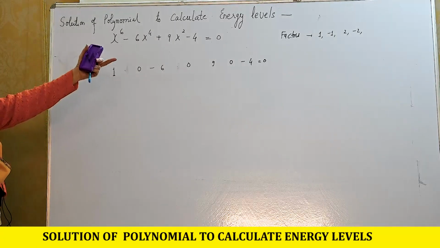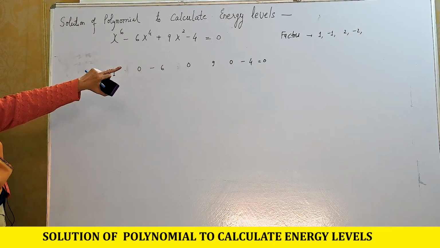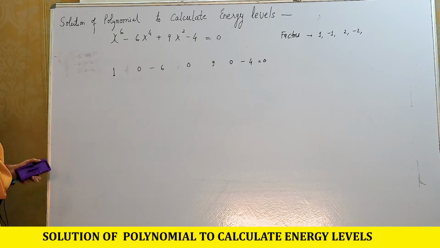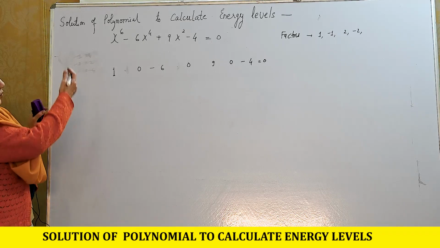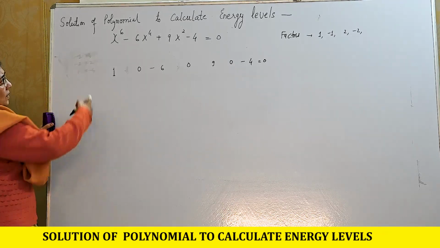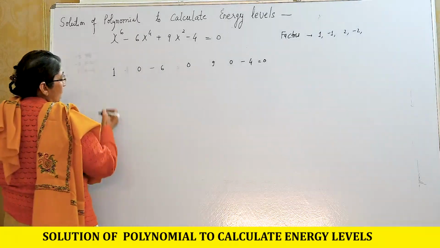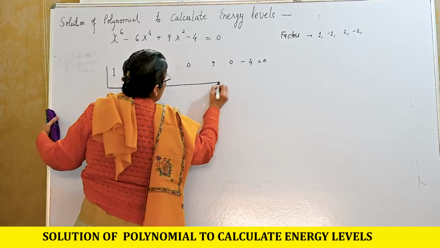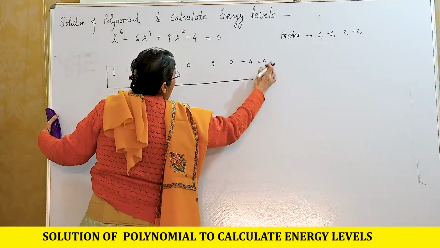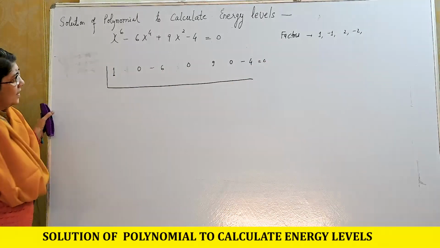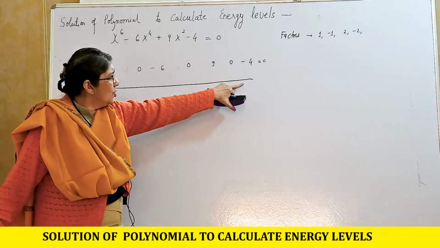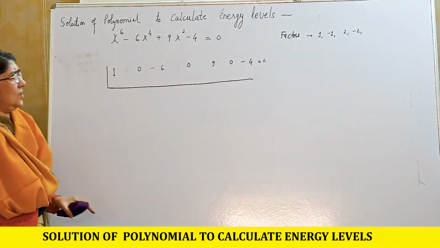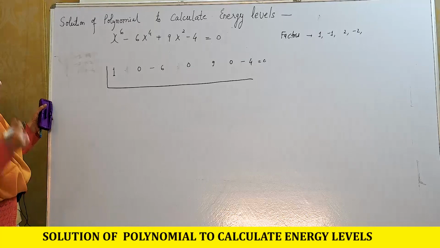Let the first factor we choose be the root, and we try to solve this. To solve this polynomial, we put a horizontal line, and if we get 0 at the end, it means this factor is a root of the polynomial.